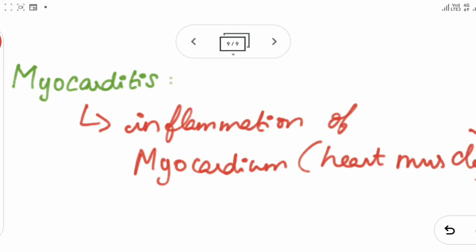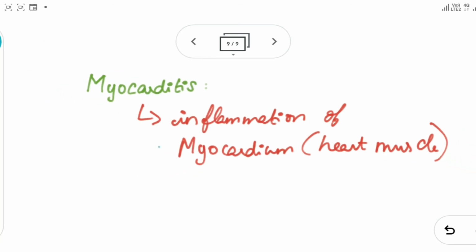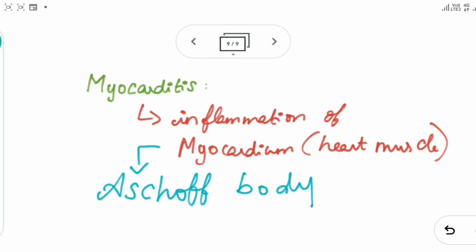The inflamed area in the myocardial tissue contains Aschoff body. This Aschoff body is a characteristic feature of Pancarditis.